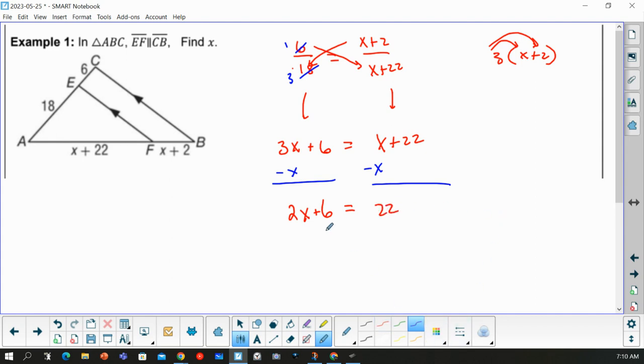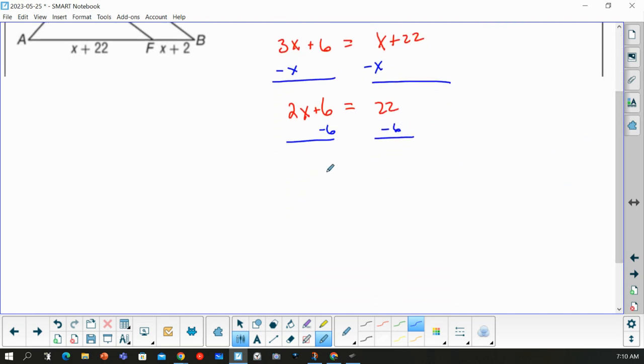Now we're going to subtract 6 from both sides. 22 minus 6 is going to be 16, and then 6 minus 6 is gone. I have my 2x.